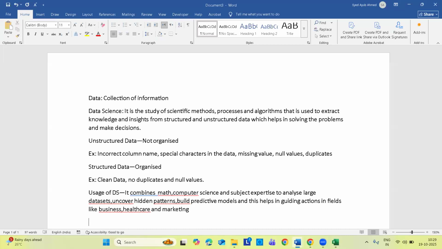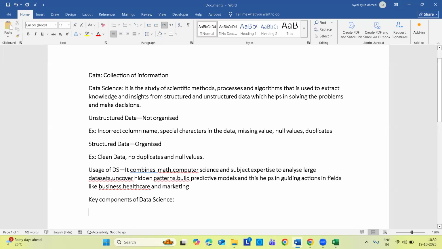So some key components of data science I'll explain. What are the key components?